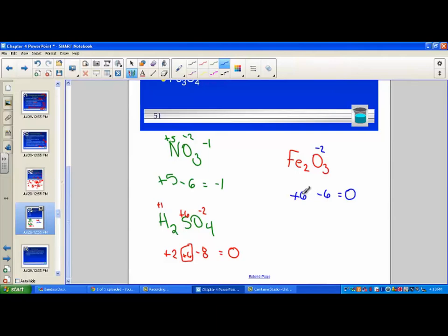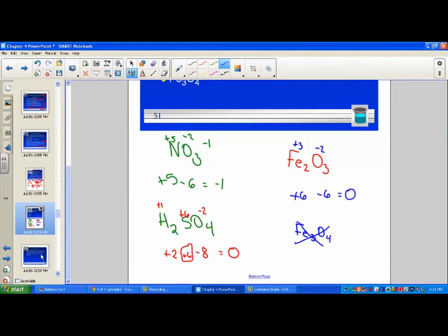But notice I have 2 units of the positive ion. 6 divided by 2 gives me a +3. Iron's oxidation state is +3. Oxygen's oxidation number is -2. And friends, the last one is an error. Fe3O4 would produce a fraction. Could you just please cross that off? It doesn't work.